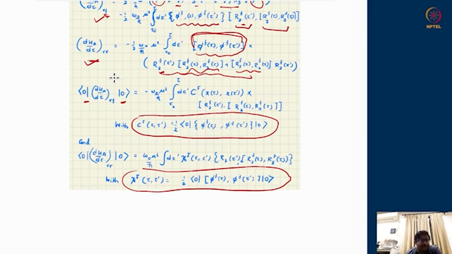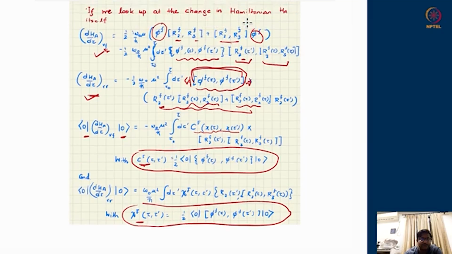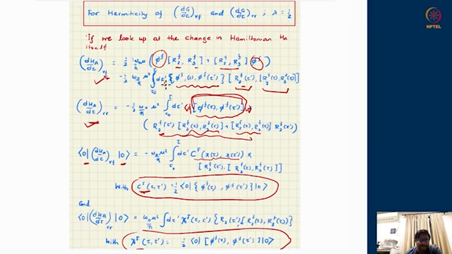So I am prescribing that the field is in the vacuum state. Previously the anti-commutator and the commutator were appearing. Now those anti-commutator and commutator will get squeezed between the vacuum states, so that I am calling CF and phi f. So the commutator's expectation in vacuum and the anti-commutator's expectation in vacuum go and sit over here. So I am taking the expectation here and the expectation in the preceding term here.